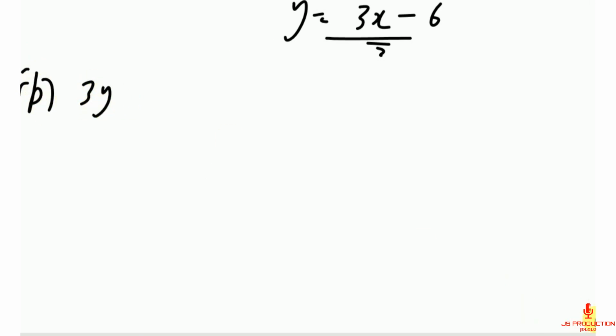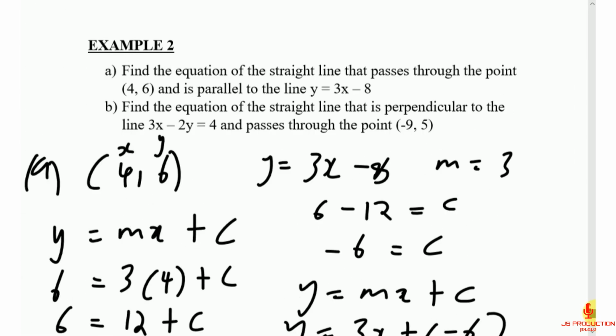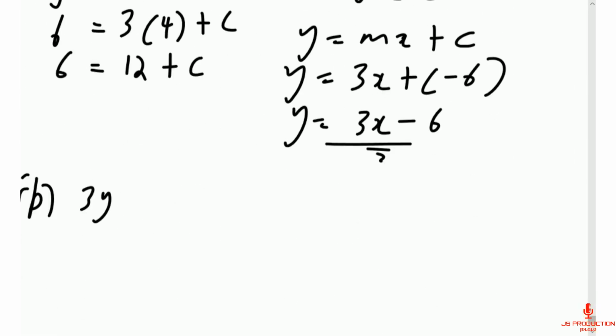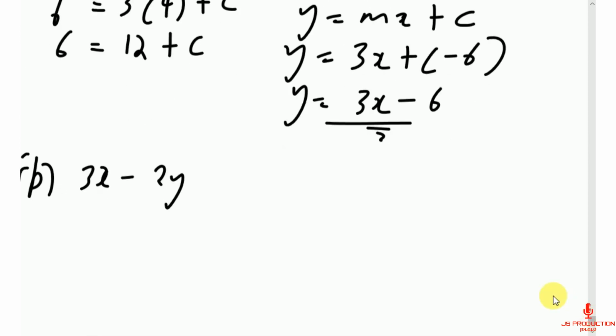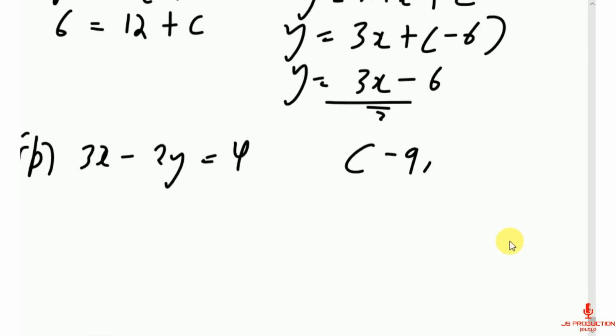Let me just check that, 3x, not 3y, sorry: 3x minus 2y is equal to 4 and passes through the point (-9, 5).